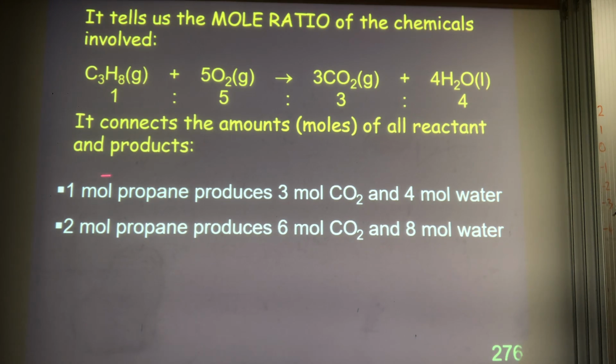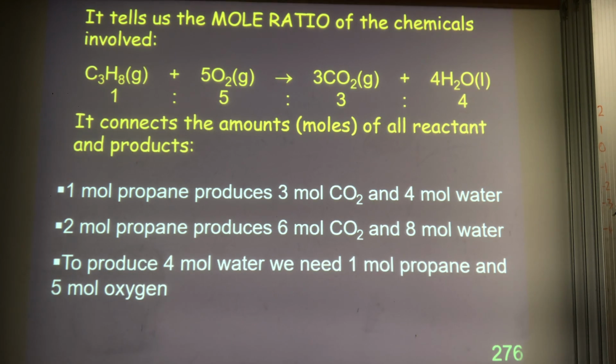That means if we double the amount of propane, we'll double the amount of carbon dioxide and we'll double the amount of water. We can work backwards. If we want to produce 4 moles of water, then we're going to need exactly 1 mole of propane, exactly 5 moles of oxygen.